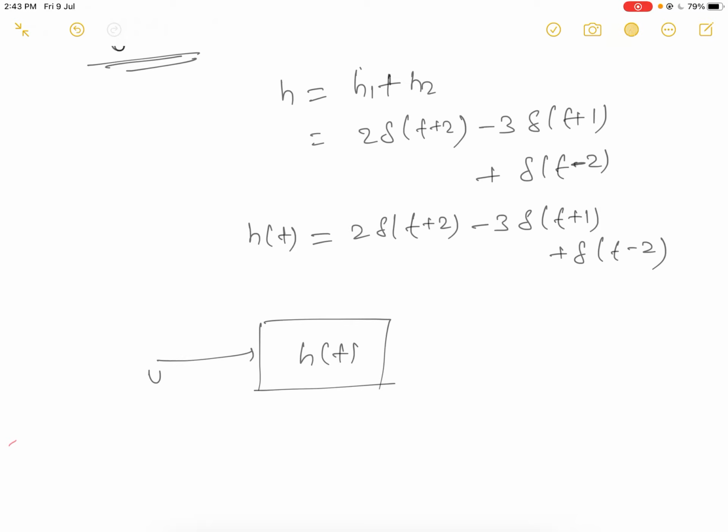Now we put u(t) as the input, and first of all we have to find y(t).